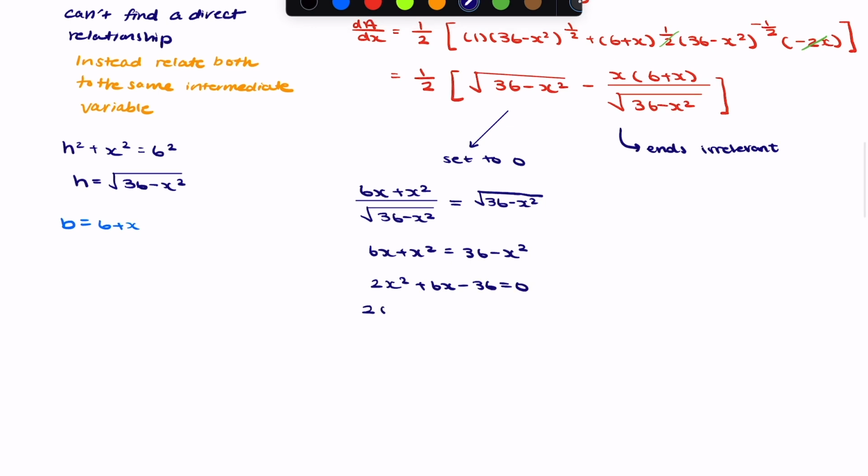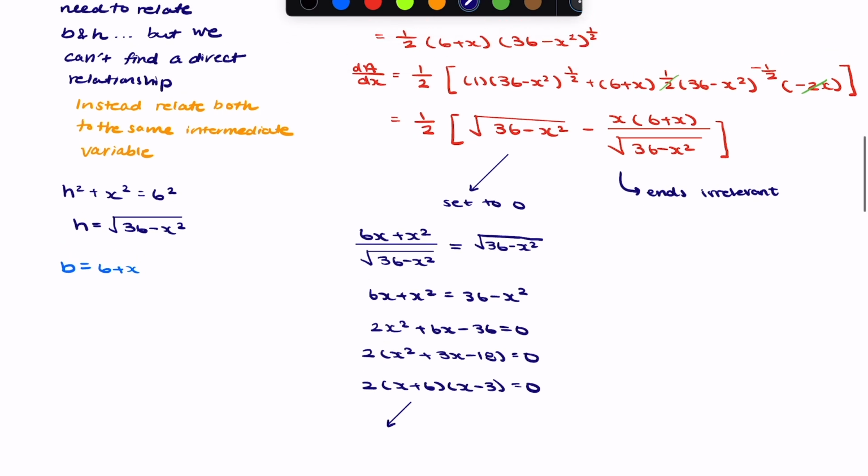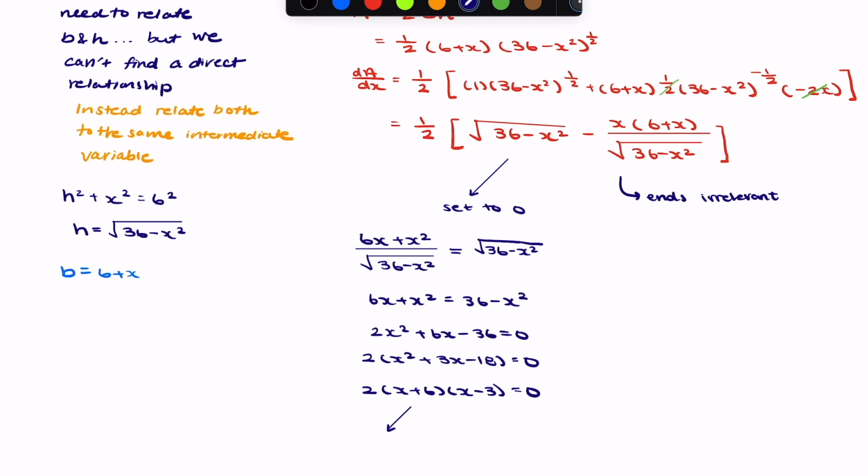Here we'll factor out a 2 to make it easier and make it a simple trinomial. So x squared plus 3x minus 18 is equal to 0. And here we'll get two factors: (x plus 6) and (x minus 3) is equal to 0. So here we'll get x is equal to negative 6.